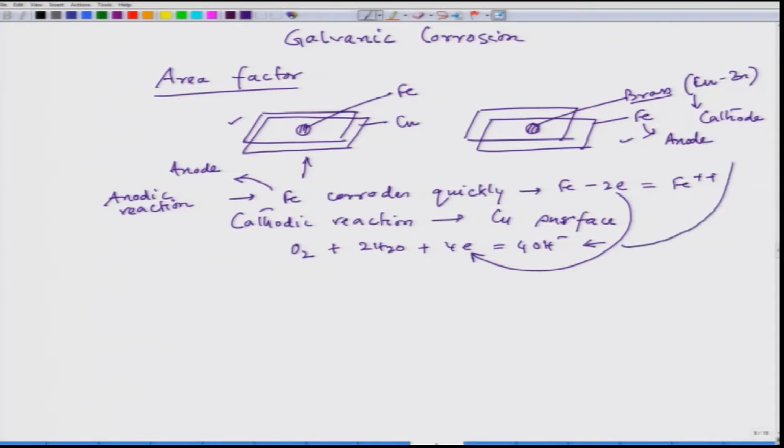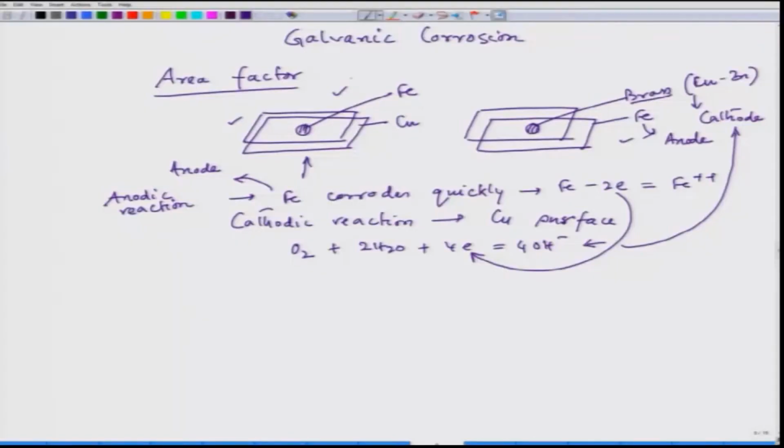The same cathodic reaction would take place on the cathode surface, which is basically the brass surface, and iron dissolution would take place on the anode surface. Since the cathodic area is small, the number of cathodic reactions would be small, so the total amount of iron dissolution needed to supply the electrons would be less as compared to the previous situation. So, the loosening effect would be hindered.